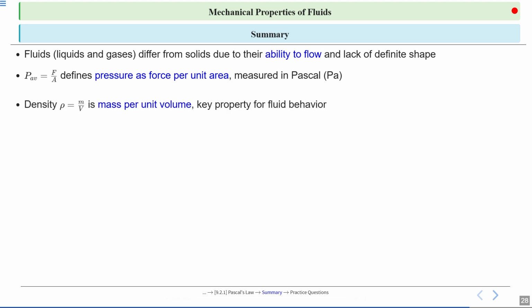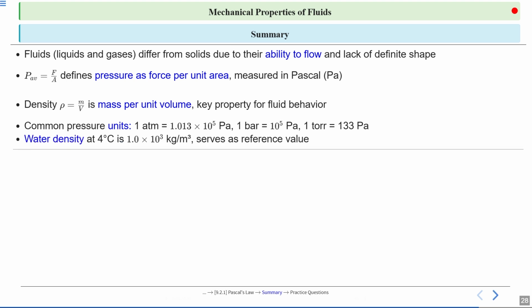Density, mass upon volume, is the mass per unit volume, a key property for fluid behavior. Common pressure units: 1 atm equal to 1.013 into 10 raised to the power 5 Pascal, 1 bar equal to 10 raised to the power 5 Pascal, 1 torr equal to 133 Pascal. Water density at 4 degrees Celsius is 1.0 into 10 raised to the power 3 kilogram per meter cube, which serves as a reference value.